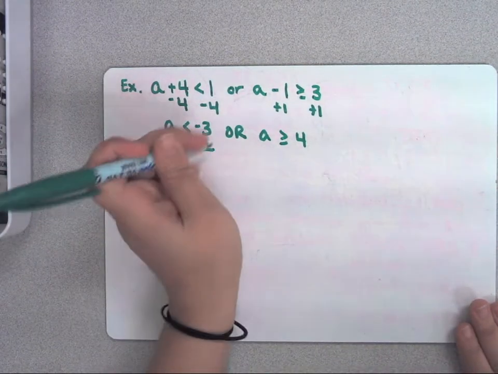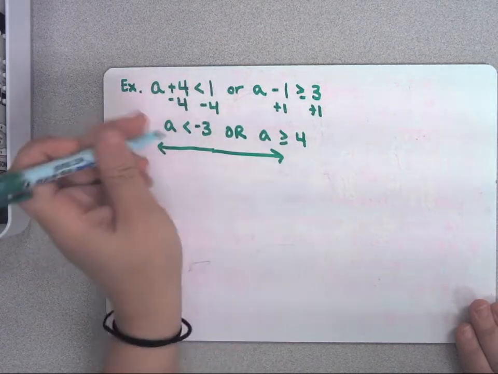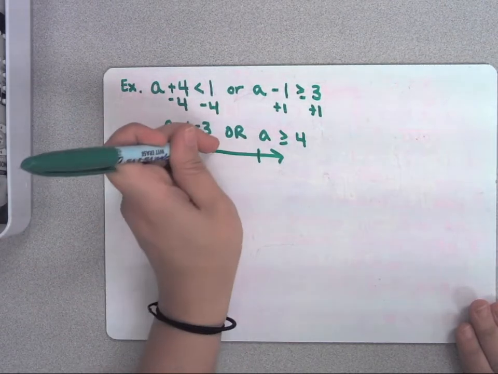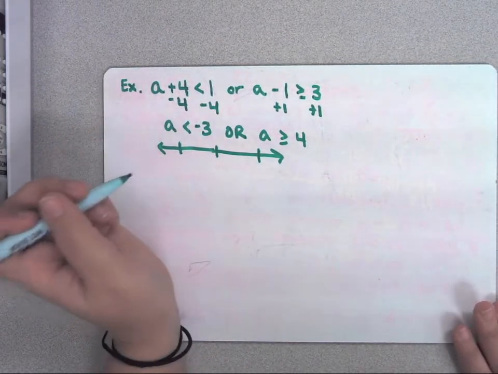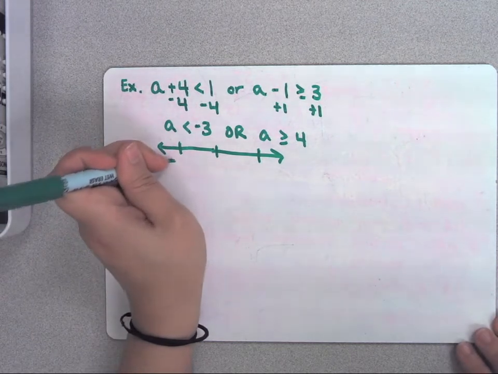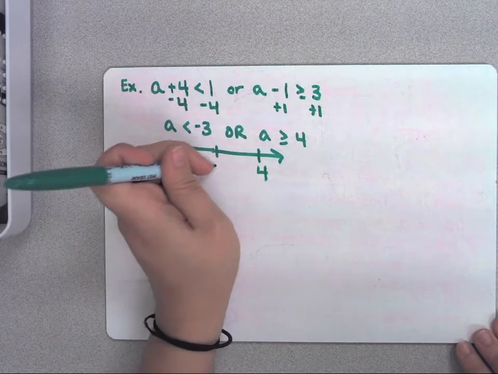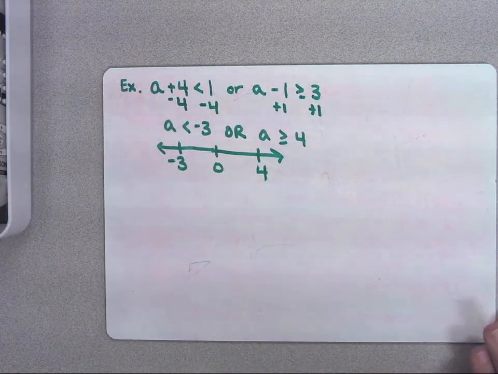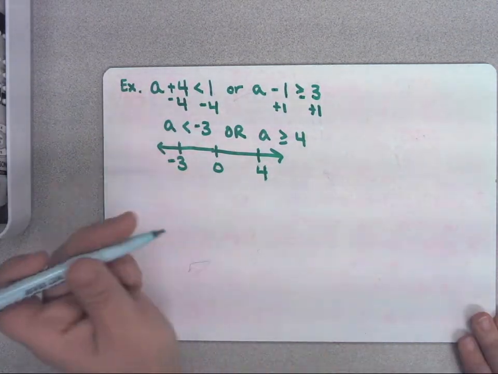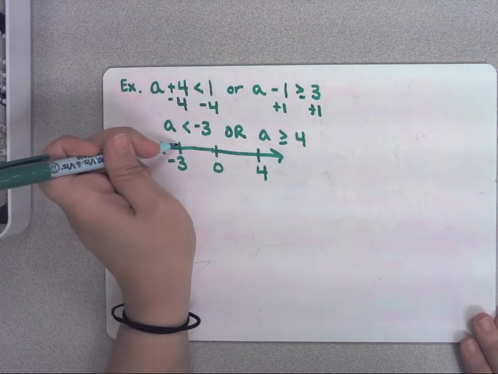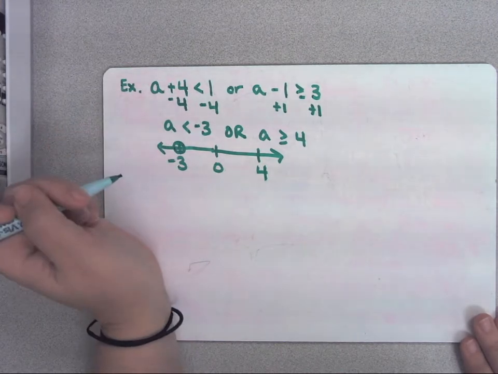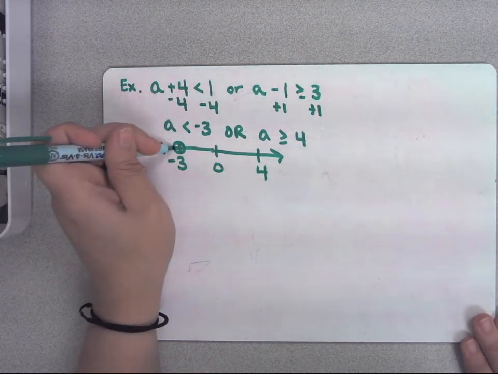Make our line. Lowest number is what? Greatest number is the 4. What's a number in between? I always like 0 when one's negative, one's positive. The negative 3, is it open or closed? Which way is the arrow going?